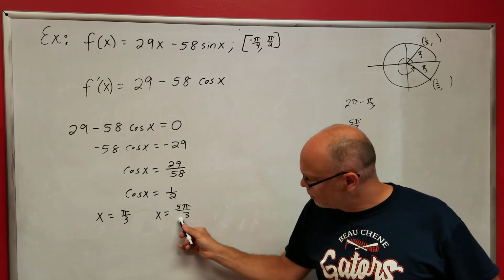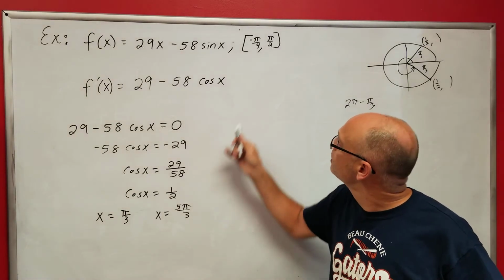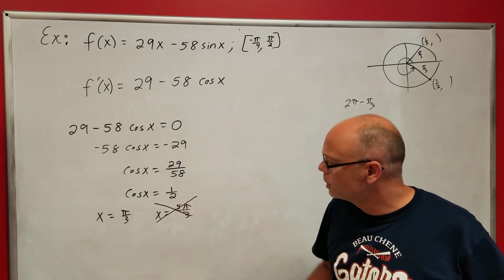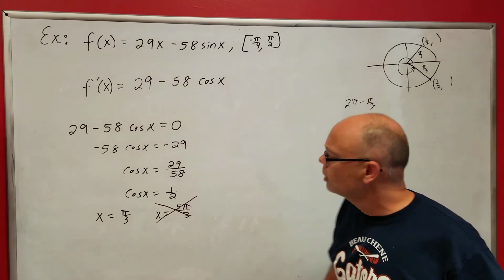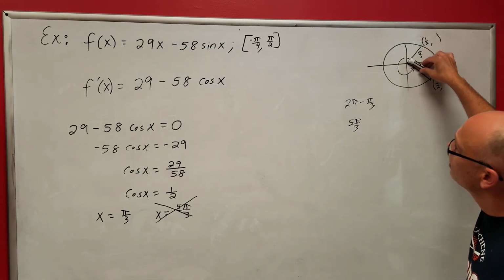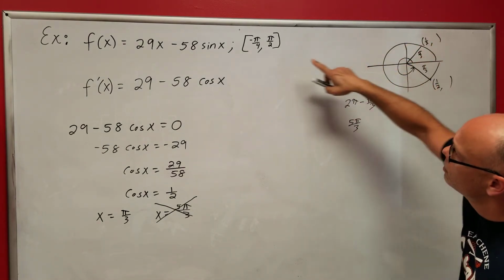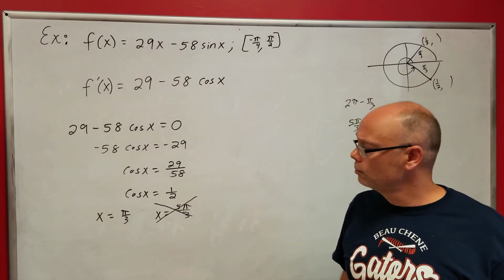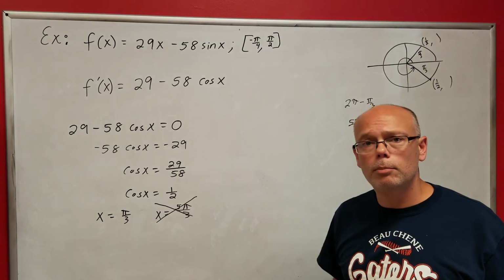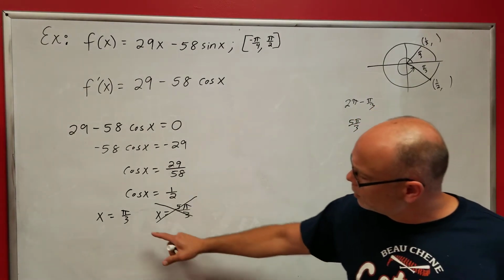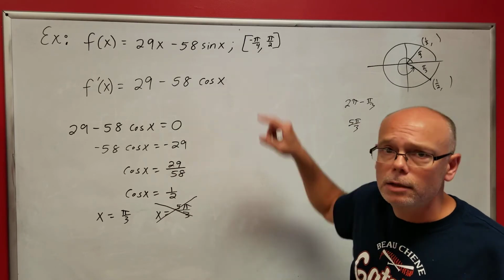This is like 1 2/3 of a pi, so that falls way outside that range. So I do not use this value. Are there any other values between negative pi over 4 and pi over 2 where my cosine is equal to 1/2? No, only pi over 3. So pi over 3 is my only critical point in this interval.